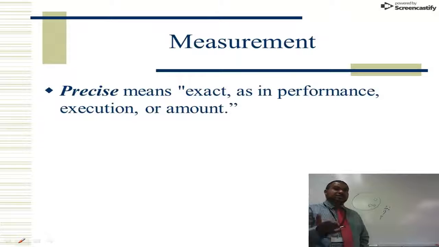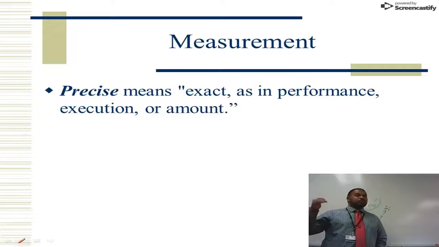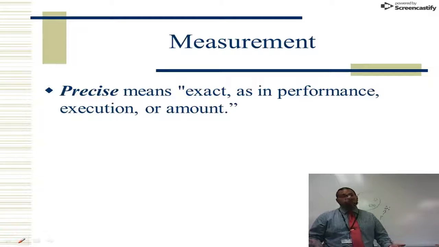Precise. Let's say your bus driver drops you off 3 streets over every single day. Are they accurate? No. They're supposed to drop you off on your street, but every single day they drop you 3 streets over. That's going to be precise. So again, exact as in performance and execution.